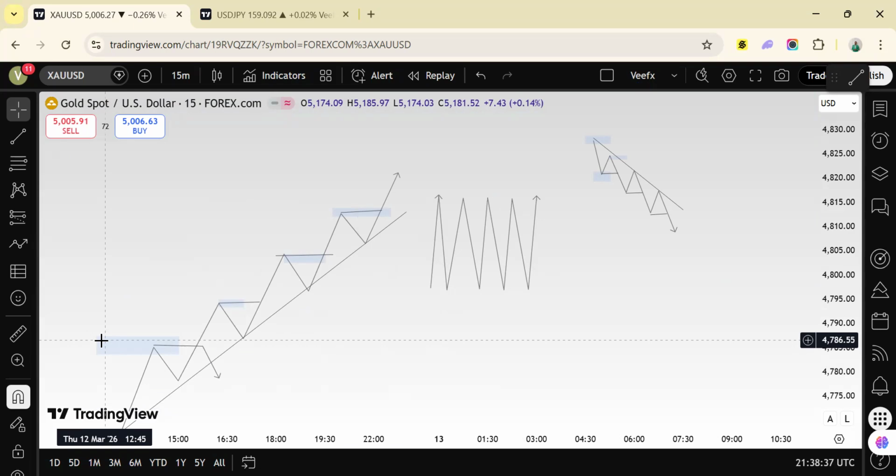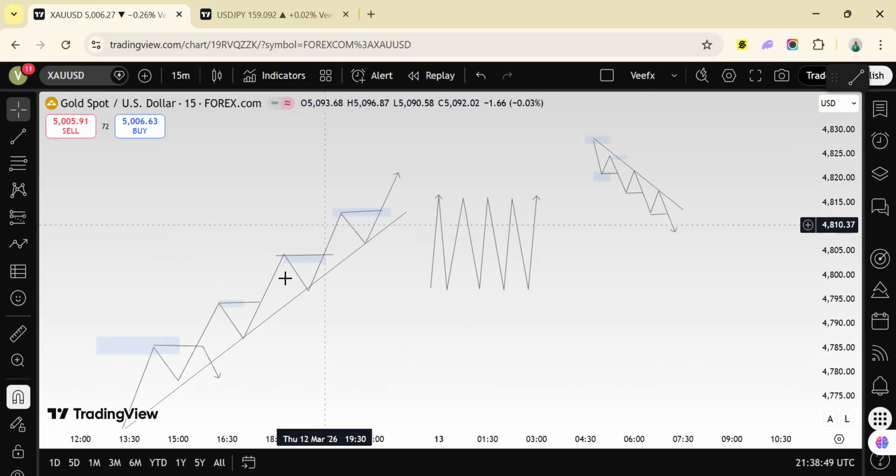Or if the market is trending to the downside, you either want to join that trend to the downside or you want to take a reversal, because the market cannot keep buying forever or keep selling forever. At some point, it is going to reverse to the opposite direction and start selling.